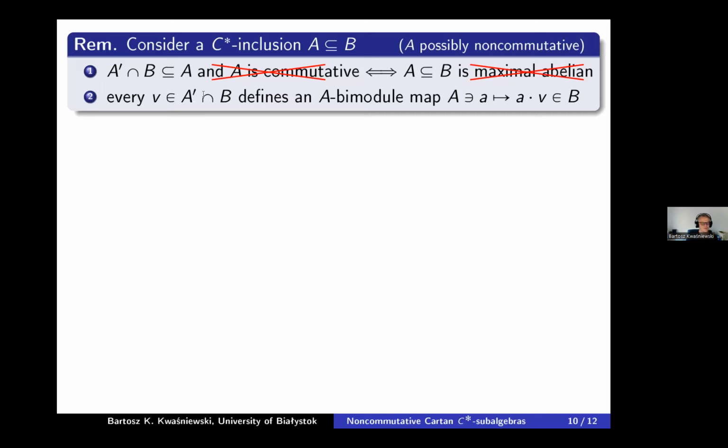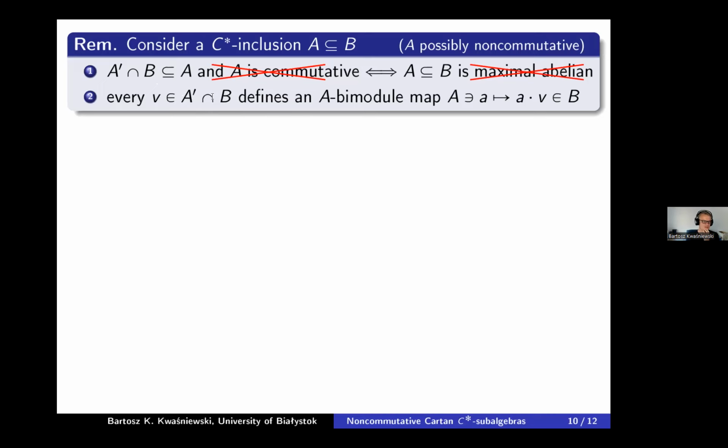Yeah, so this is maybe confusing. This was supposed to clarify things, but maybe it confuses things. So when we take the commutant of A in B, this was just that v is in B and it commutes with A. Yeah, because you could consider B embedded into a larger algebra. So this is not a commutant in the sense of B(H) or something like this. This is the commutant of A in B.